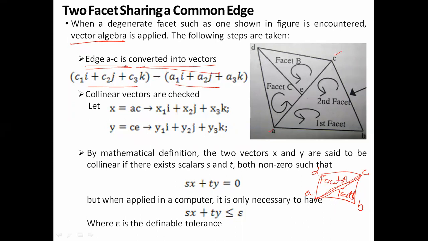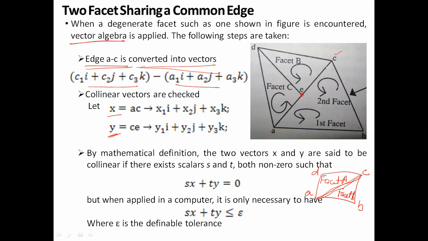Now, in order to check whether two vectors are collinear or not, we take two vectors x and y, where x represents AC, the complete common edge, and y represents a newly added vertex along that line AC.